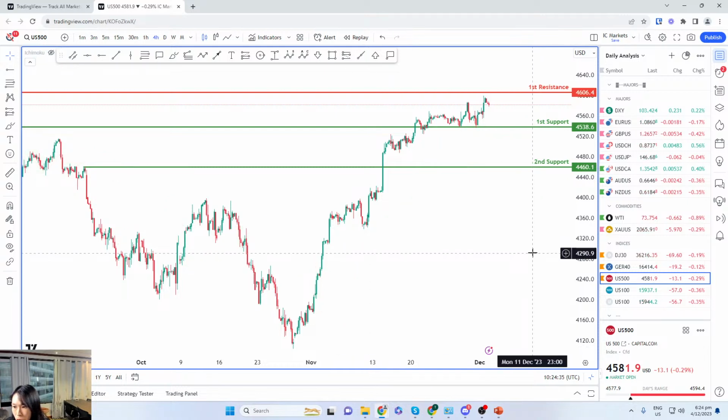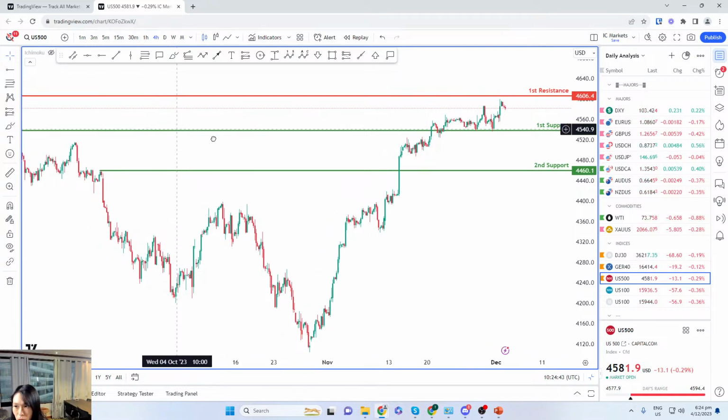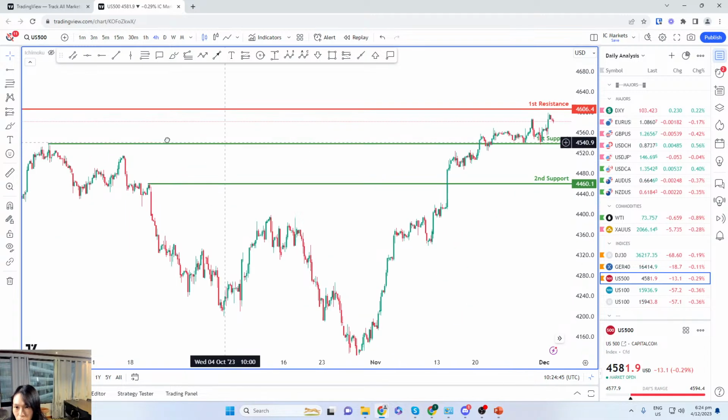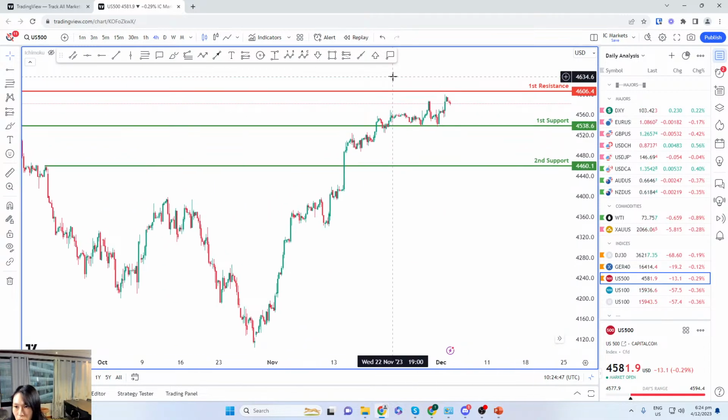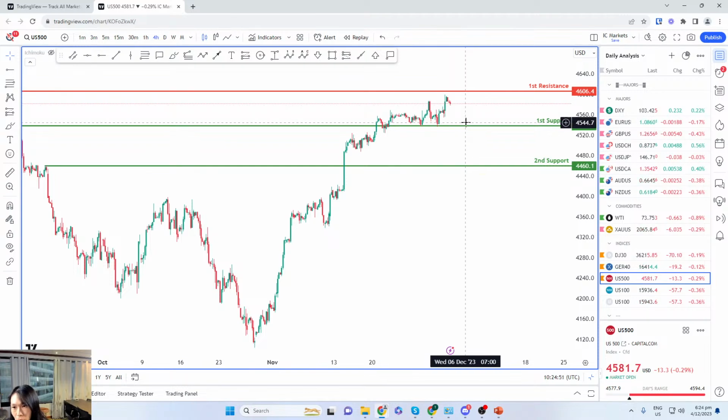So for US 500, still very bullish. It has not reached the first resistance level yet, which is one of the all-time highs. So let's see if the price will have enough momentum to break through the first resistance level. But as of now, you can see it is falling towards the first support level.